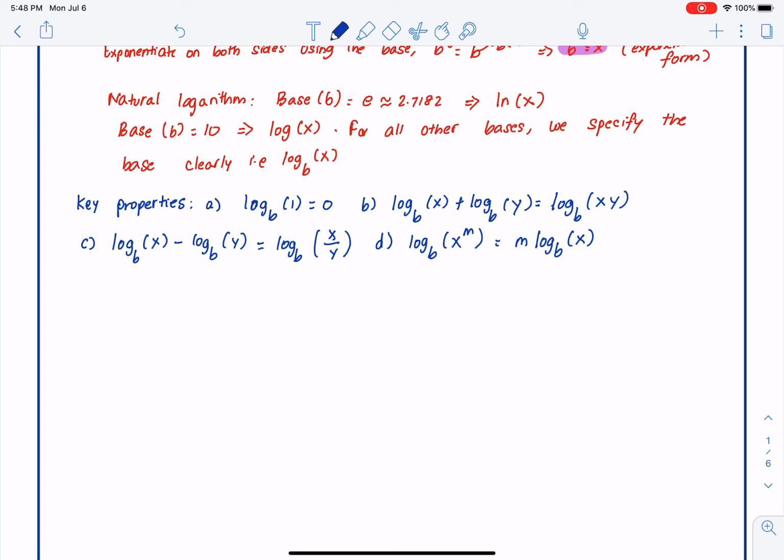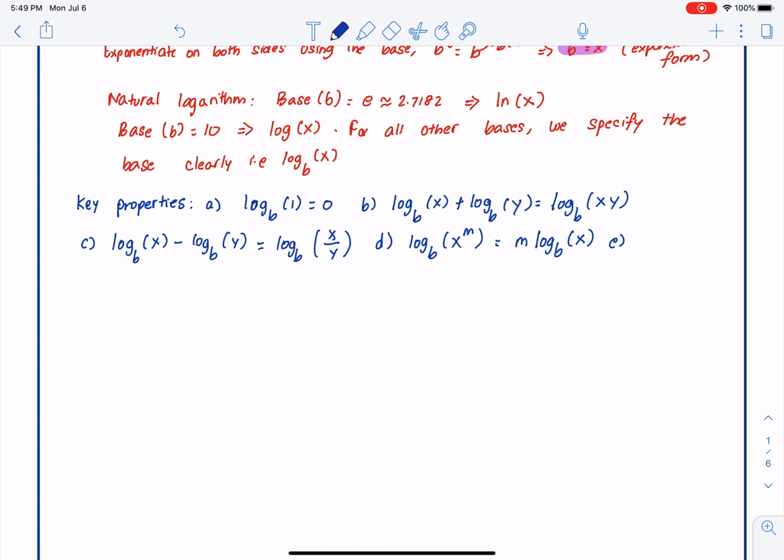Keep in mind these properties are quite important. Oftentimes when we use one of these properties, the problem would actually get simplified. So I strongly urge you that you look at these properties and understand these properties and know when to use them, because a problem can be really simplified if we understand and apply these properties properly.